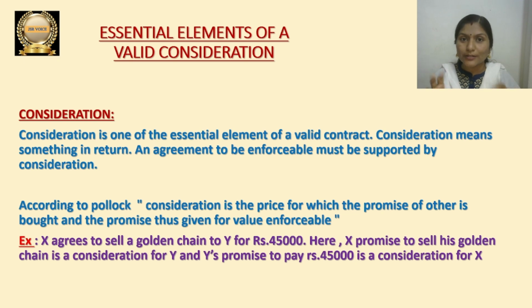So both should get something in return. Whenever both the parties are going to receive something in return, we can call it consideration. So consideration is an essential element for a valid contract. If consideration is not there in any contract, then that is not a valid contract.